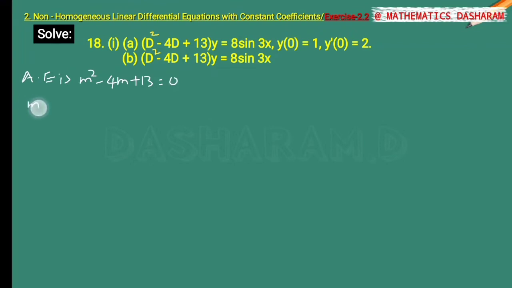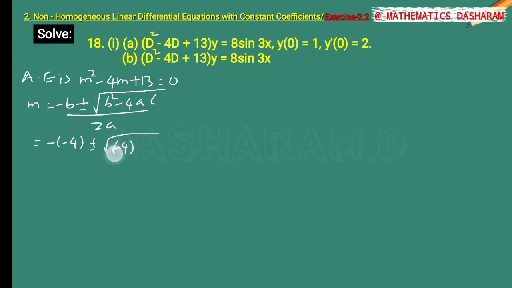So here to find the m value, use a formula because factorization is not possible, divided by 2a. So minus b value, minus, 4 plus or minus 4 whole square minus 4 into a value 1 and c value 13 divided by 2 into 1.